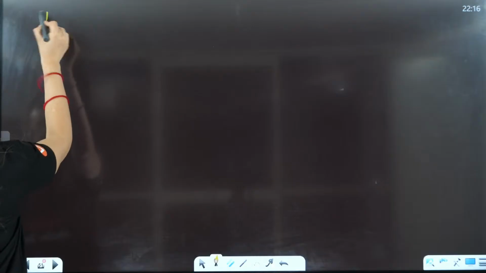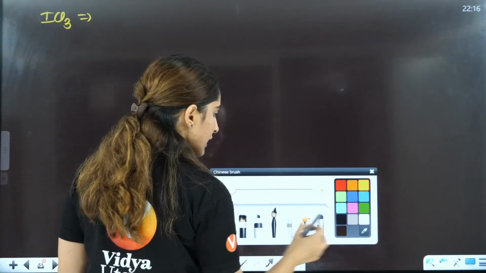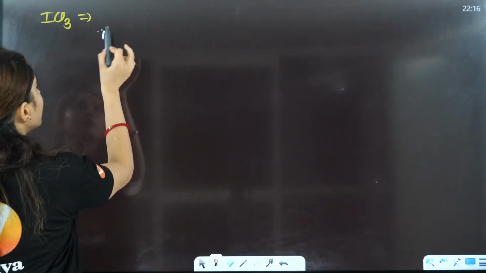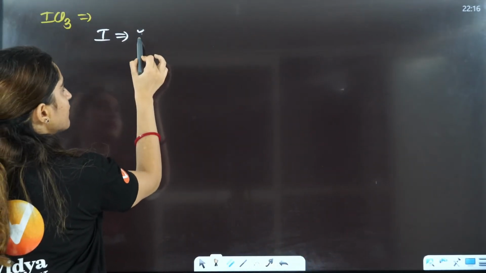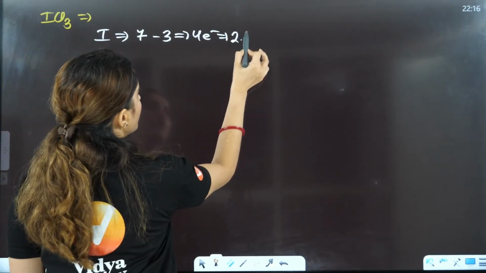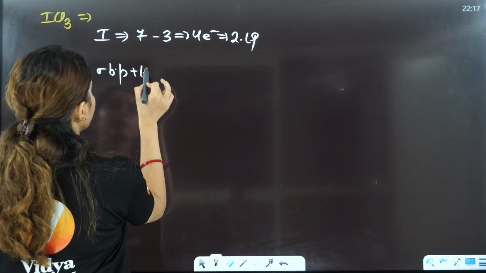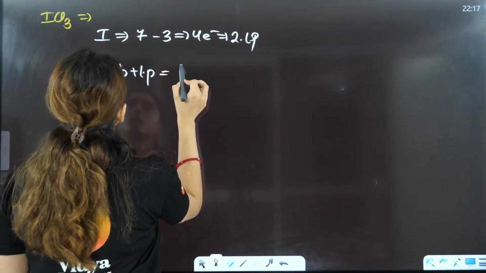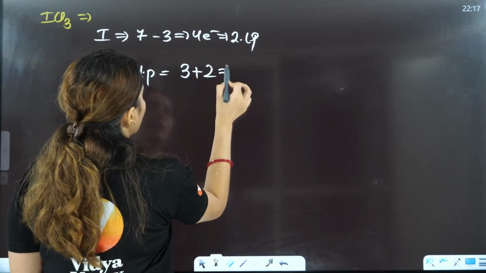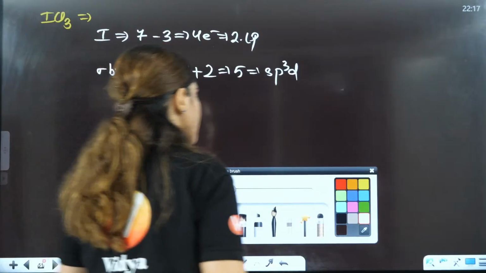Let's talk about ICl3. Again, iodine is having what, everybody? 7 valence electrons, minus 3, 4 electrons means 2 lone pairs. So sigma bond pair plus lone pair is 3 plus 2, that is 5, that is sp3d, that is trigonal bipyramidal only.